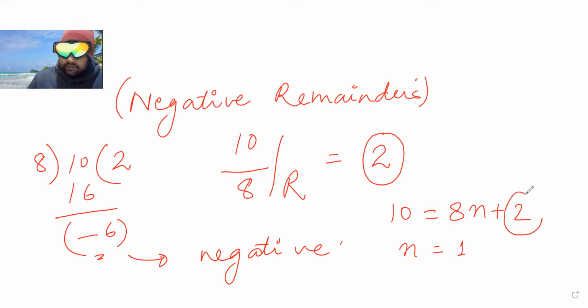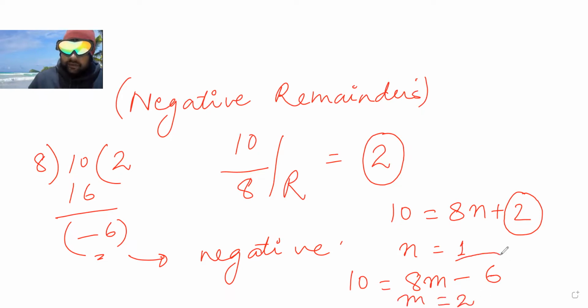So this part is the remainder, therefore 2 is the remainder. 10 can also be written as 8m minus 6, where m is equal to 2. Therefore, in this case, the remainder is -6.